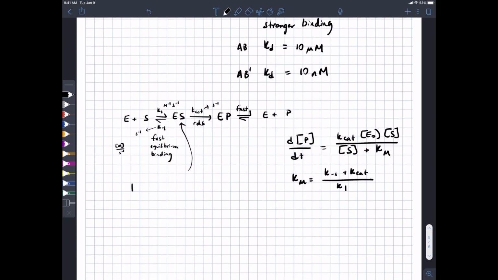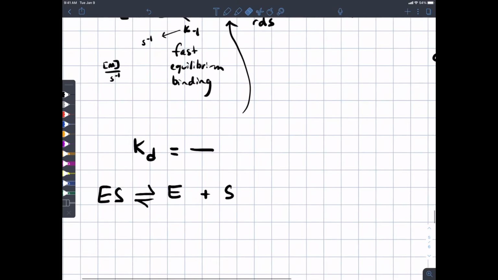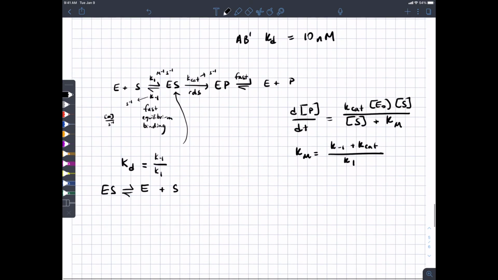Now, if I were to say what is the dissociation constant for the enzyme substrate complex going to just enzyme and substrate, that would equal the off rate, k minus 1, divided by the on rate, k1.